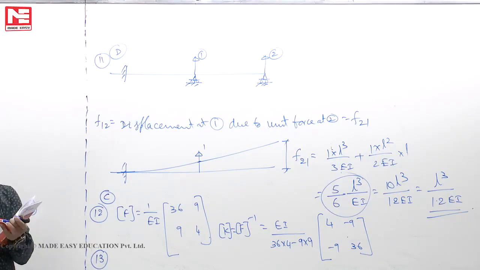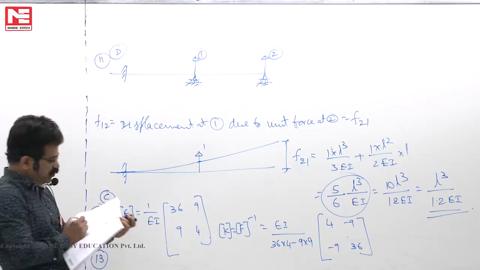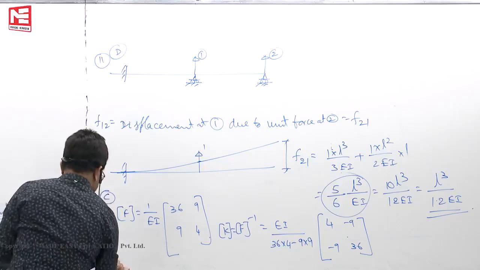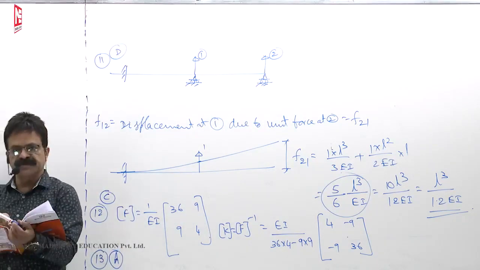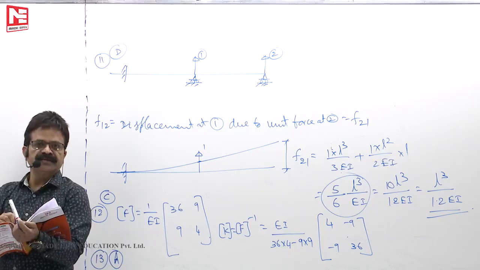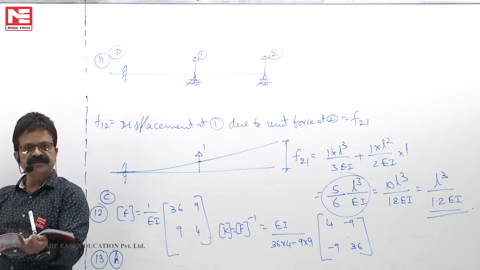First one is correct. Must be negative, second is wrong. Of a flexibility matrix must be positive, 3 is correct. 4 is wrong. So 1 and 3 are correct. So A, 13th question, diagonal elements must always be positive because of Castigliano's theorem 1 and Castigliano's theorem 2.